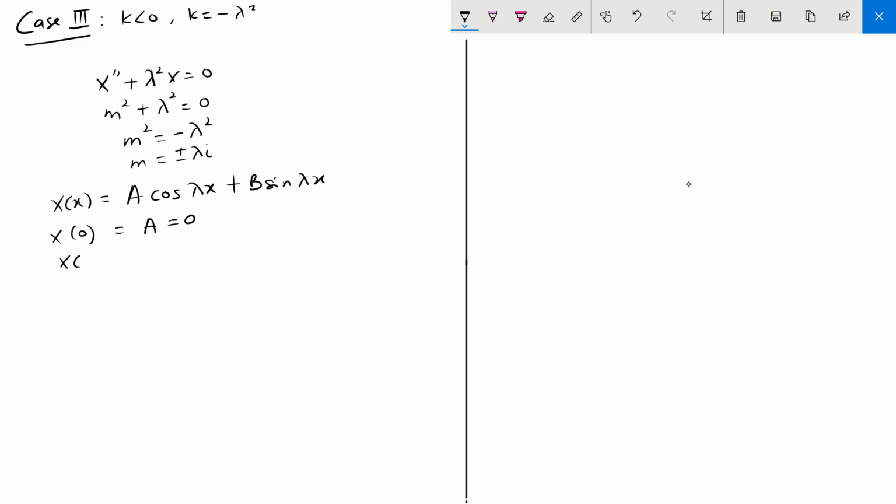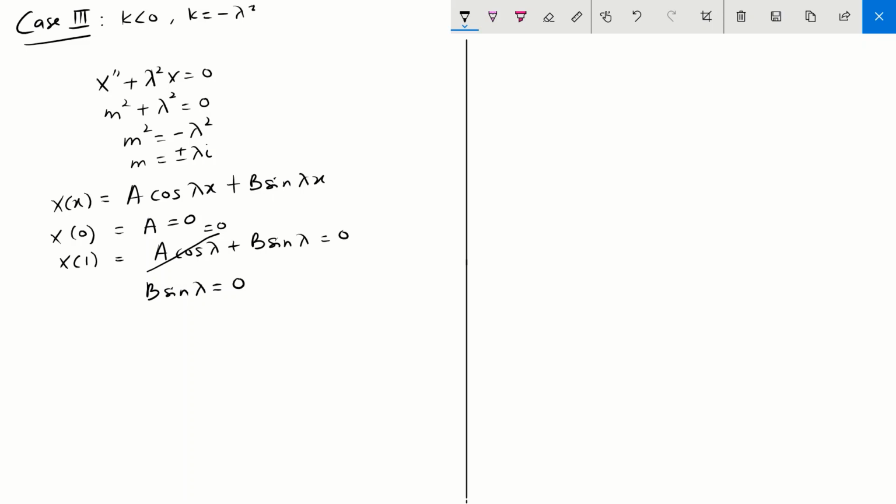When we substitute x equals 1, we get A cos lambda plus B sin lambda equals 0. This term is already 0 because A equals 0, therefore B sin lambda equals 0.